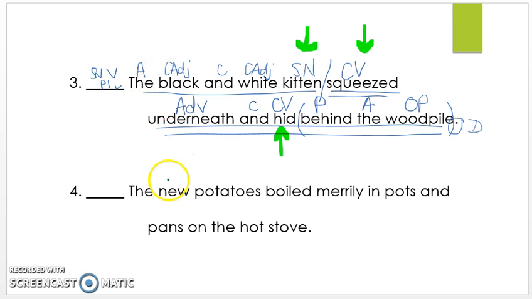We're almost done. The new potatoes boiled merrily in pots and pans on the hot stove. All right. So you see any prepositional phrases? Prepositions. In. In what? In pots. Is it in anything else? Are these potatoes in anything else? Pans.